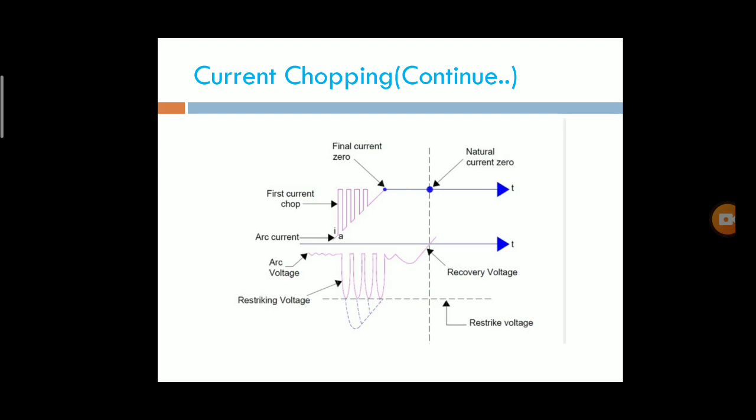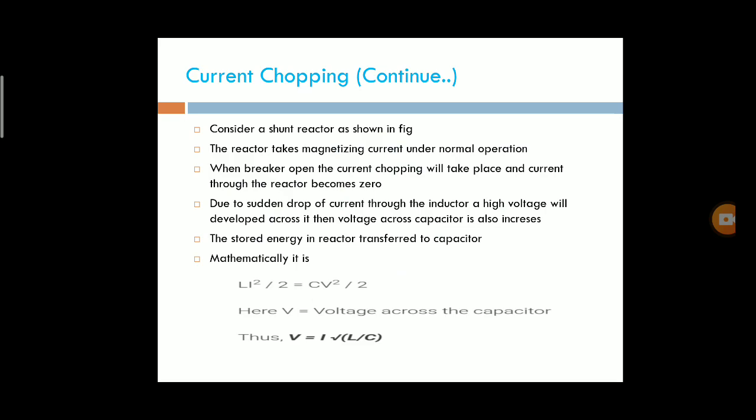By using these phenomena, current chopping and resistance switching, and knowing what is meant by the arc voltage, the phenomena of the rate of rise of restriking voltage, and the expression for the restriking voltage, are very important topics in the case of circuit breakers.